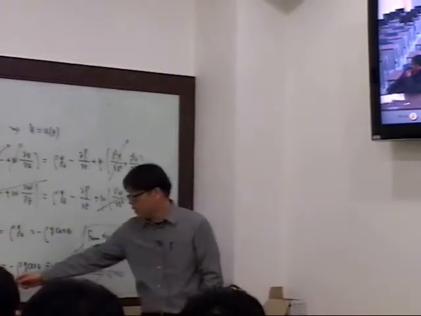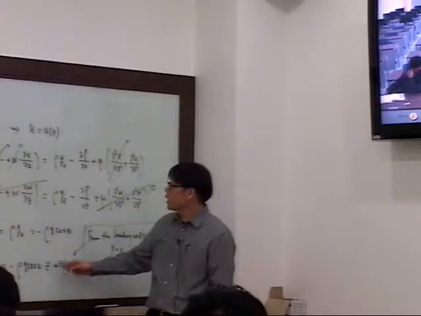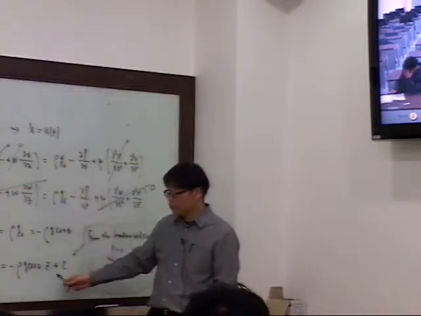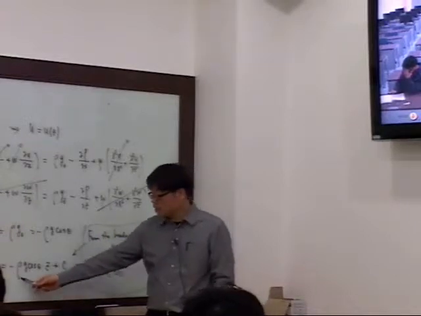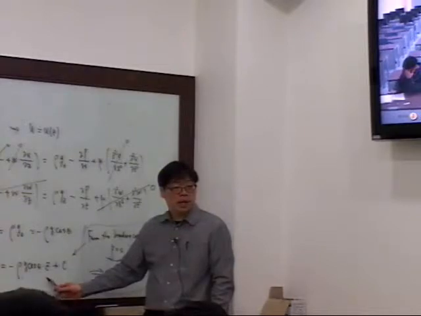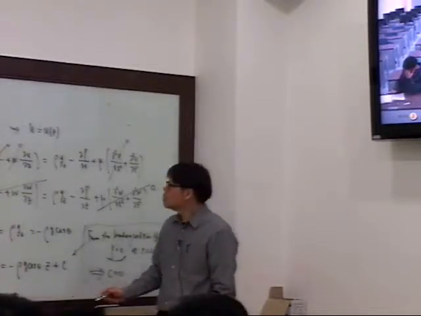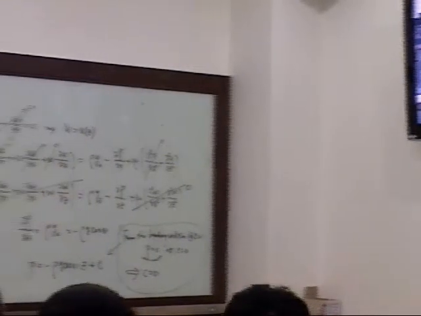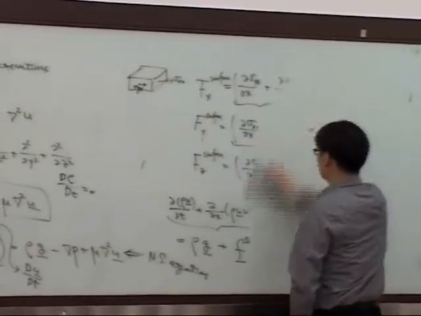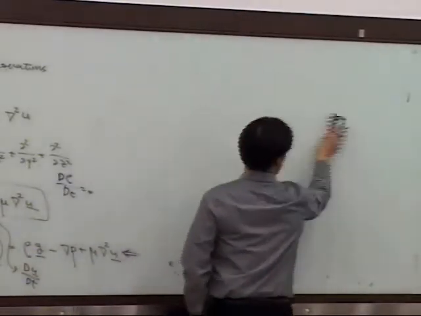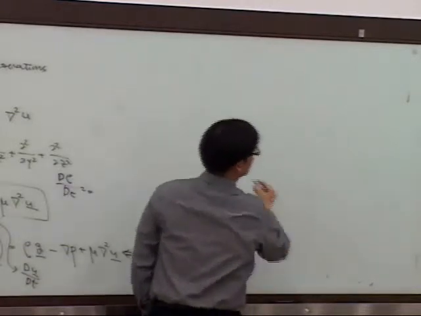And now we have an expression for P, and then we can get the x derivative, which is constant, constant, constant, and only z here. So dp dx is identically 0. So what I end up with is the following.